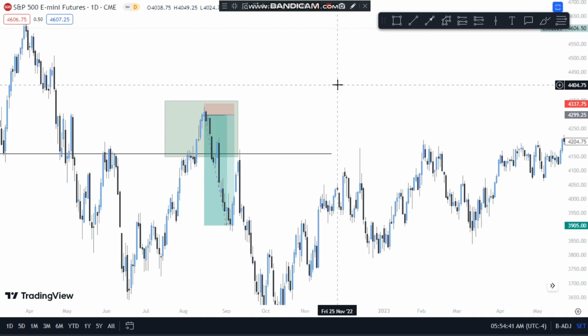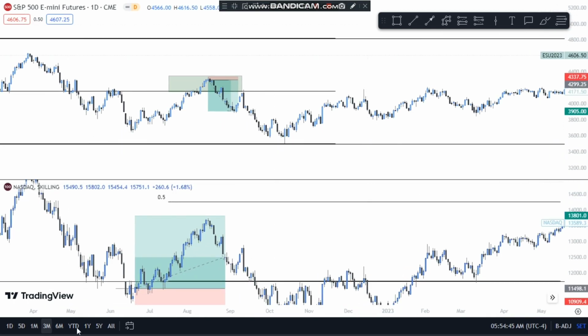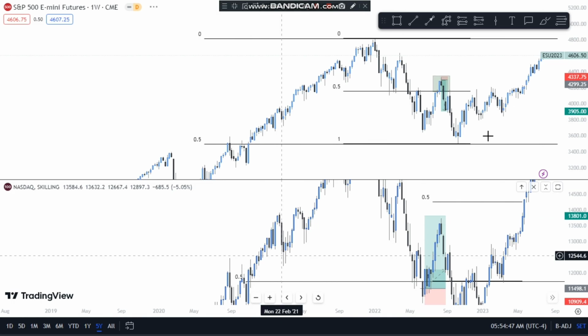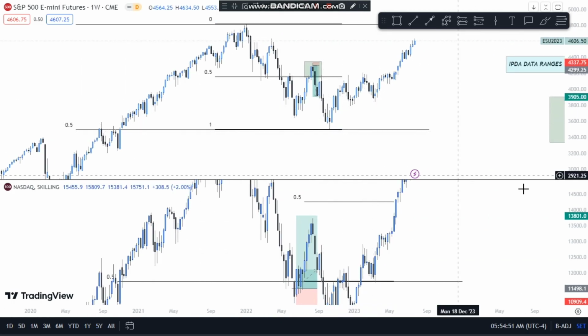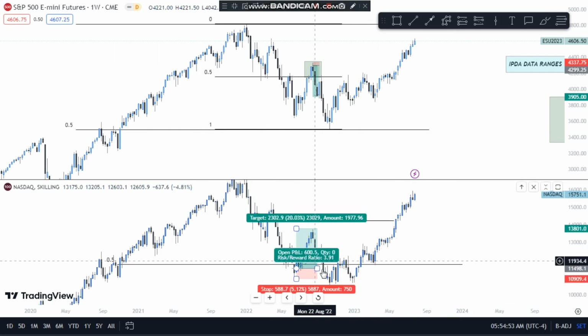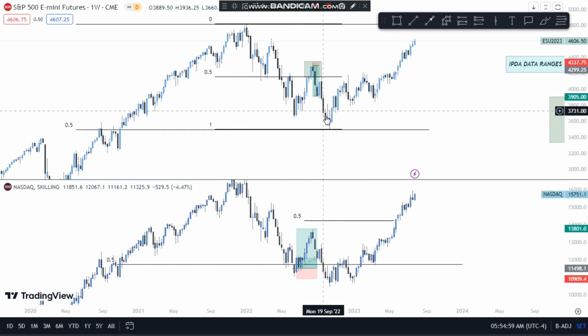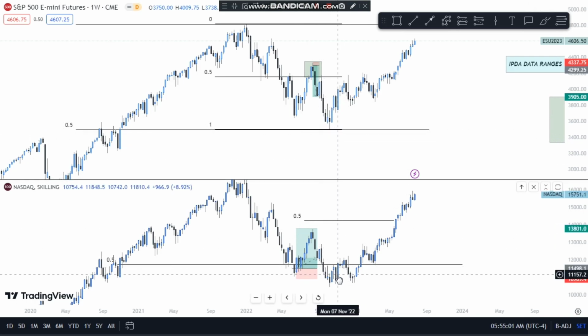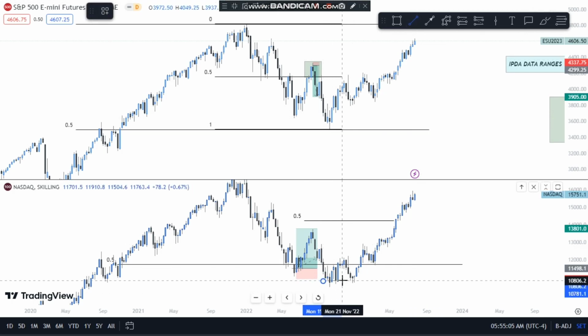Now let me shift again. So I will shift to weekly. You can see here that again the price came to this level, the 0.5 fib level, and again in Nasdaq you got this sweep, okay, and on S&P it didn't sweep this level. So again this is your order block. You have to enter at the 0.5 fib level.